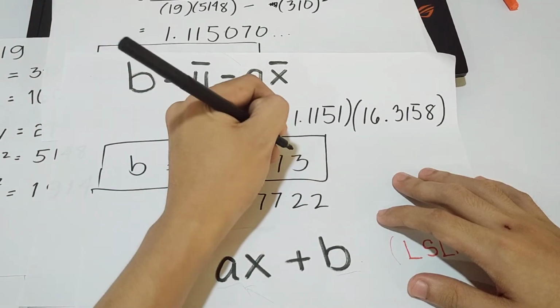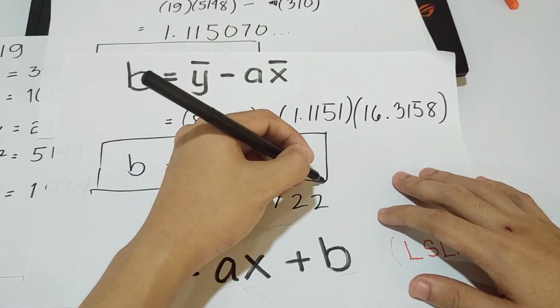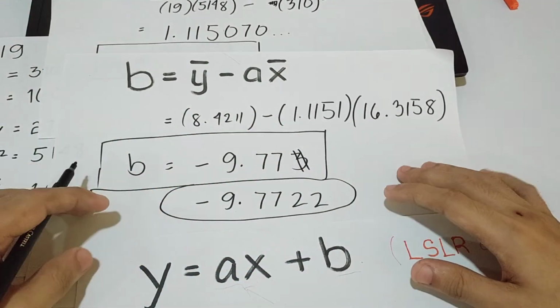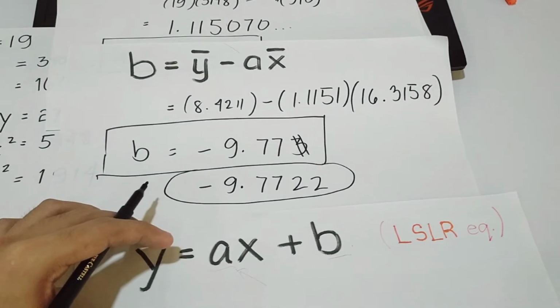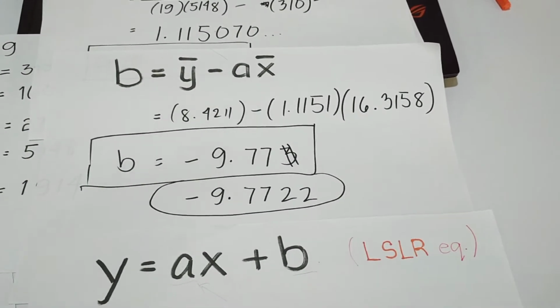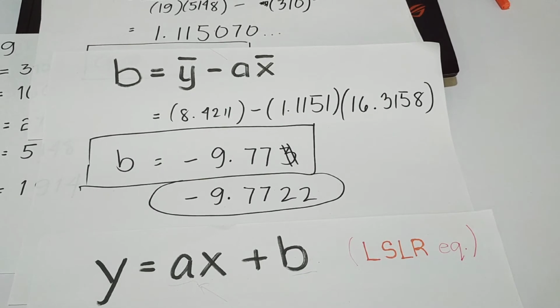So this is wrong, we have this value negative 9.7722. I apologize for that, rounding up.